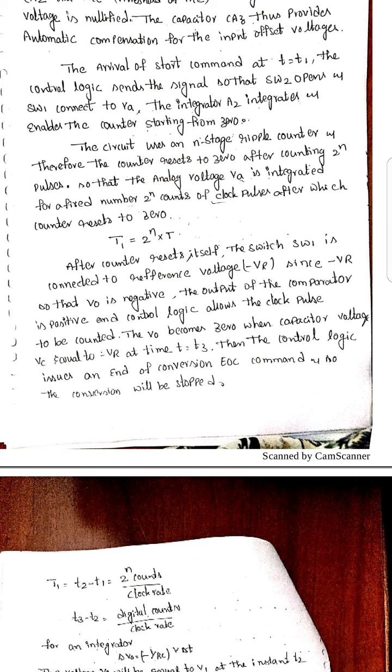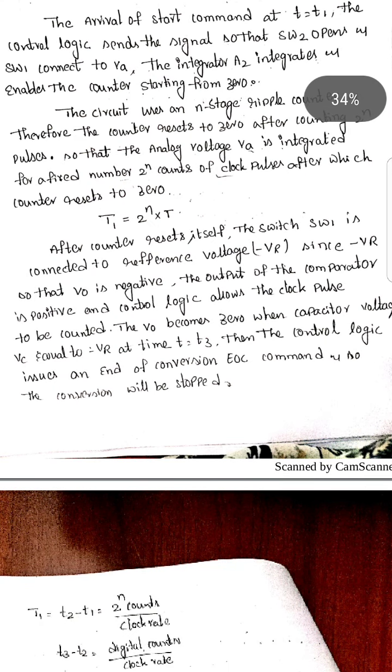The circuit uses an n-stage ripple counter, and therefore the counter resets to 0 after counting 2 power n pulses, so that the analog voltage VA is integrated for a fixed number, 2 power n counts, of the clock pulse, after which the count resets, at t equal to 2 power n times T.